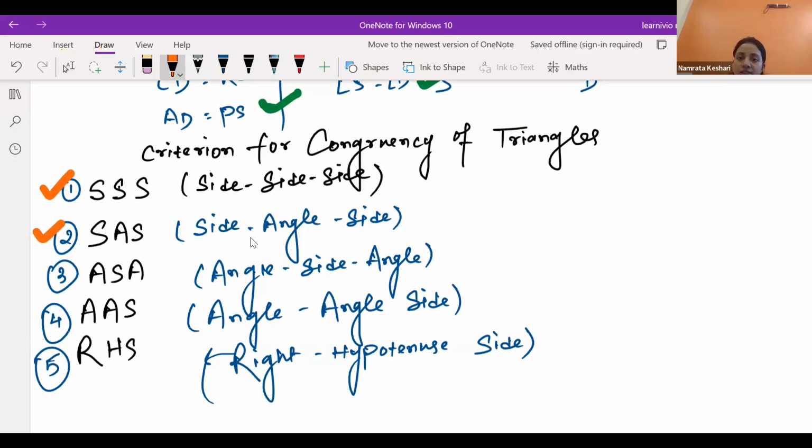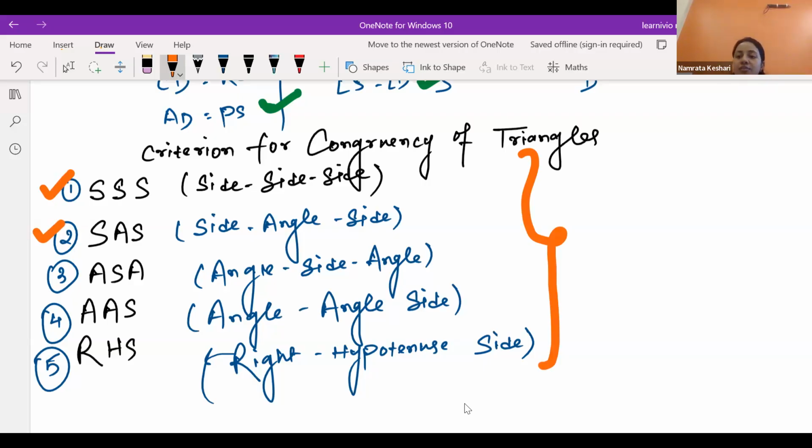So mathematicians have given these criteria, that at bare minimum you try matching this much, then confidently you can say that yes, all the remaining sides and all the remaining corresponding angles will be equal.